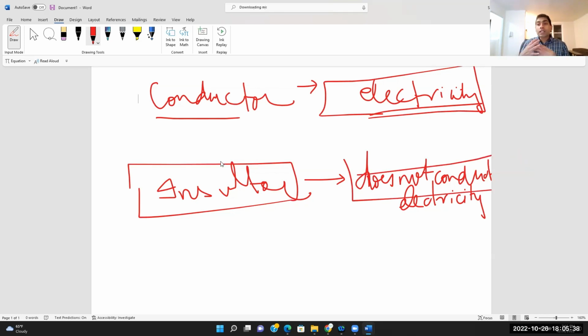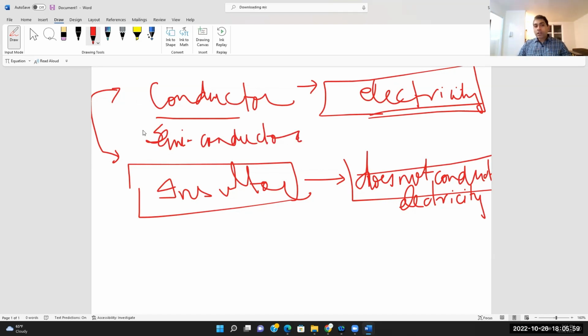Okay, so a semiconductor falls somewhere between a conductor and an insulator. So that's why it's called a semiconductor. I think I'm making sense somewhat.